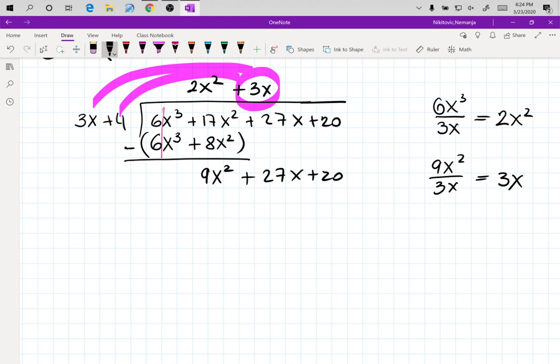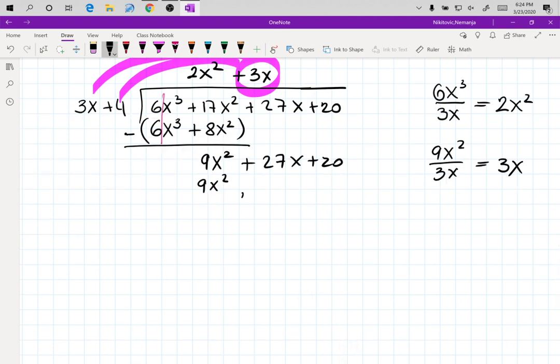So 3x times 3x is 9x squared. 3x times 4 is plus 12x. We put in parentheses and we subtract. 9x squared minus 9x squared is 0. That cancels. 27 minus 12 is 15x plus 20. You always drop down the rest.